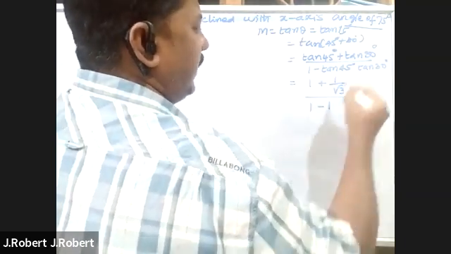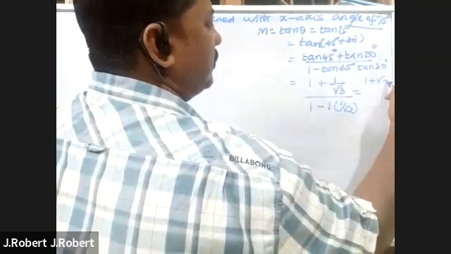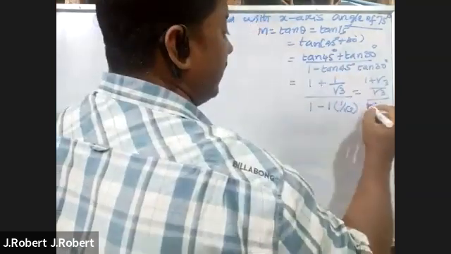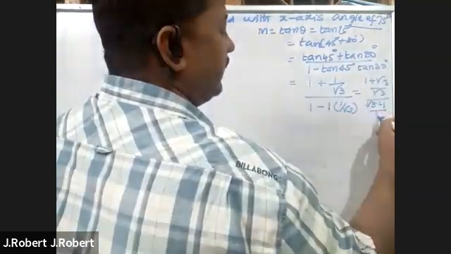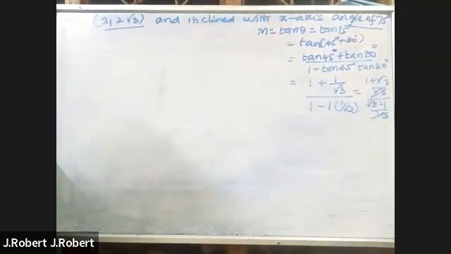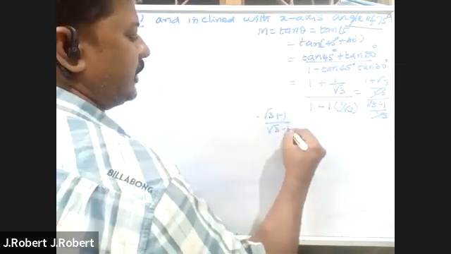We'll get 1 plus 1 by root 3 over 1 minus 1 by root 3, which is root 3 plus 1 by root 3 minus 1, as the root 3 cancels.